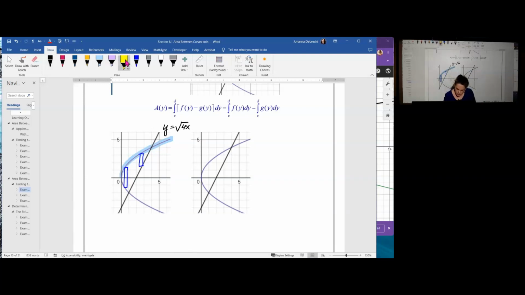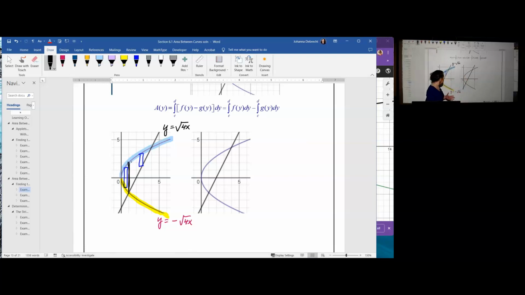And the one below, which I'm going to highlight in yellow, is given instead by y equals negative the square root of 4x. So in order to do it with respect to x, I would instead have to split the integral here where they intersect with the line.